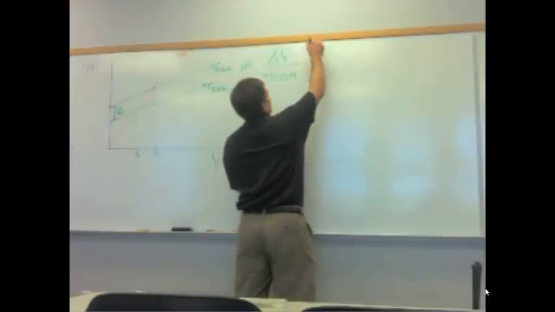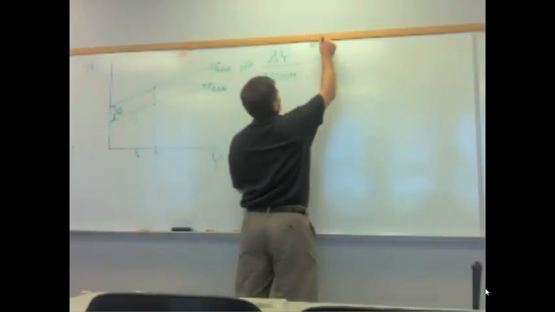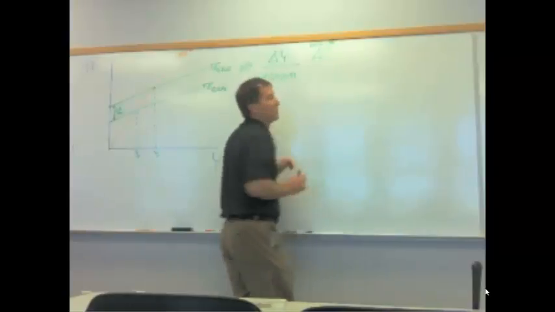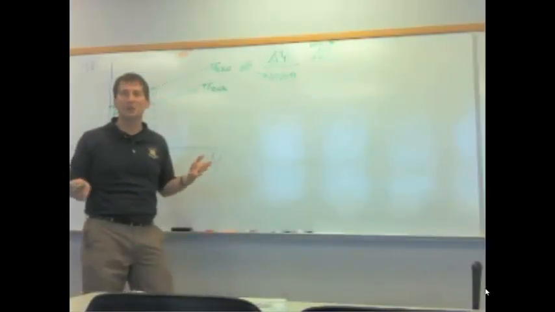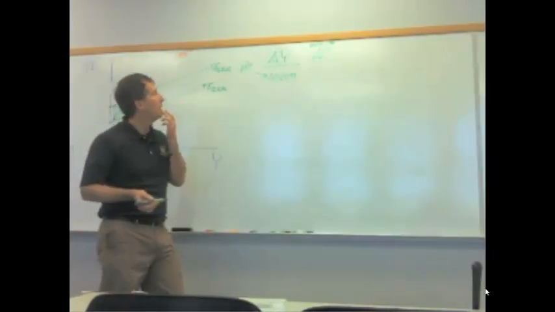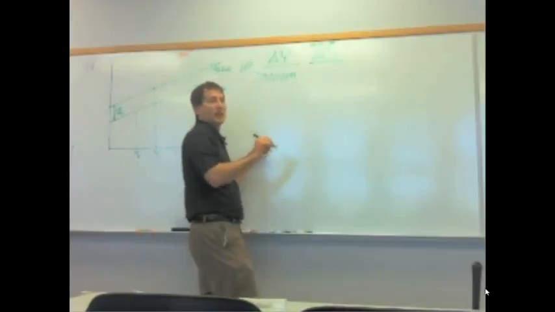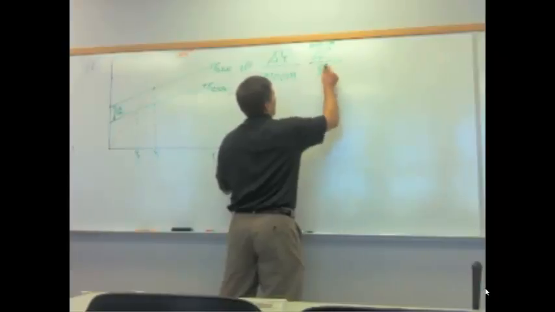So let's say that the marginal propensity to consume is equal to 0.90. In other words, people tend to spend 90% of their income. So the change in consumption is 90.